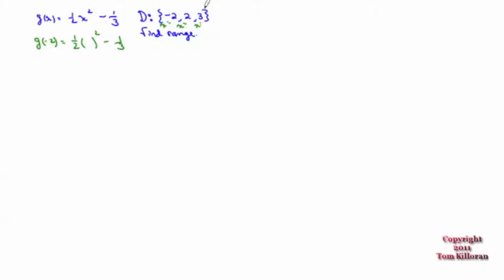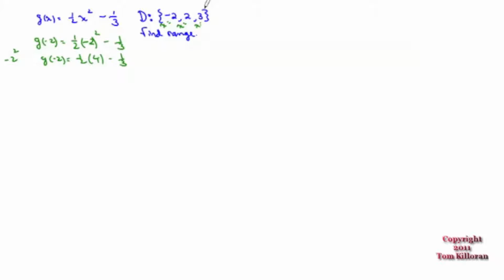Well, what's the something? -2. What's -2 squared? No, it is not. 4. Negative times a negative is a positive. Earlier you had a -1 in front of it. Yeah, but that would be without the parentheses. -2 squared is -4, so this is +4. So we get g of -2 is equal to 1/2 of 4 minus 1/3.